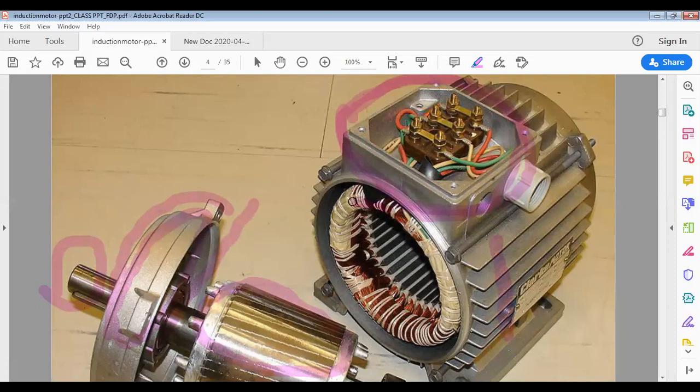Now the stator core, if you observe on the stator core, it is slotted on its inner periphery and copper windings are there. Okay, so one winding is called the R phase winding, another one the Y phase winding, and the third one is the B phase winding. So 3 windings are there with a large number of turns. All 3 windings, their resistance and inductance are the same.